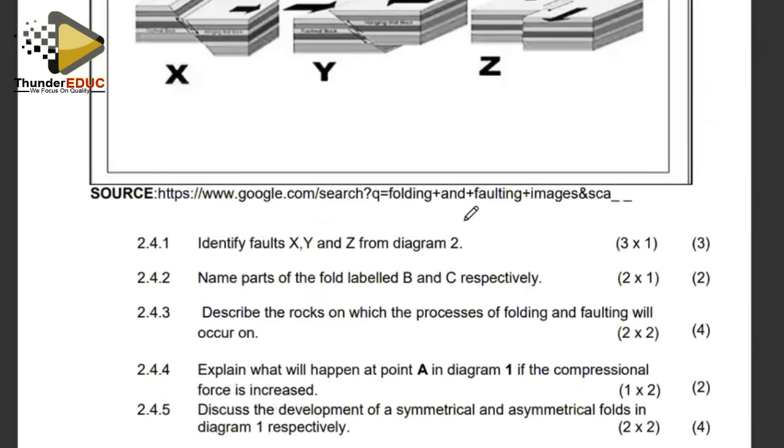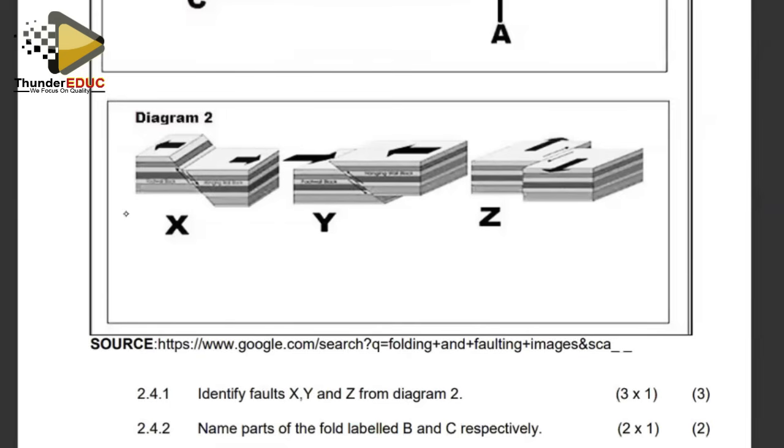Right, identify faults X, Y, and Z. Fault X is caused by tensional forces. It's called a normal fault. If you look at fault Y, remember the forces are now different. This one is tensional and this one is now compressional. The force is compressional and that one is a reverse fault.